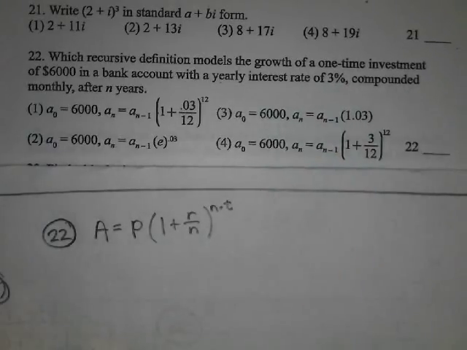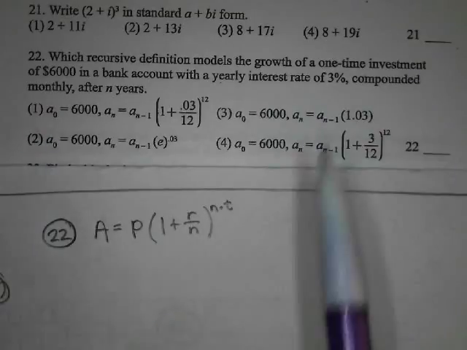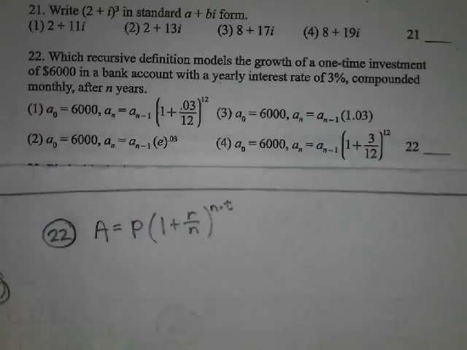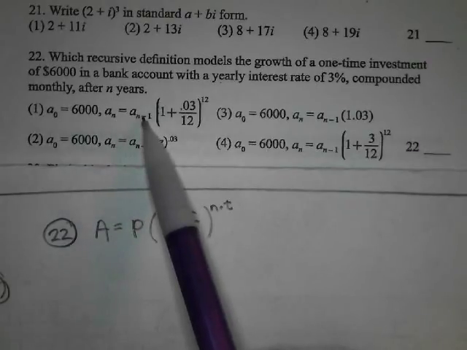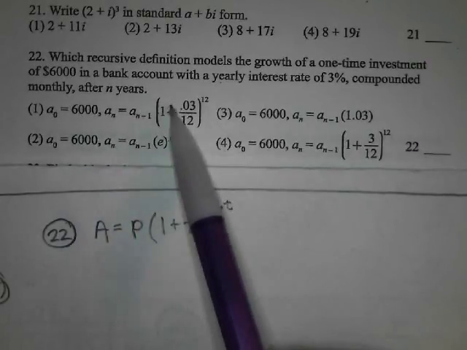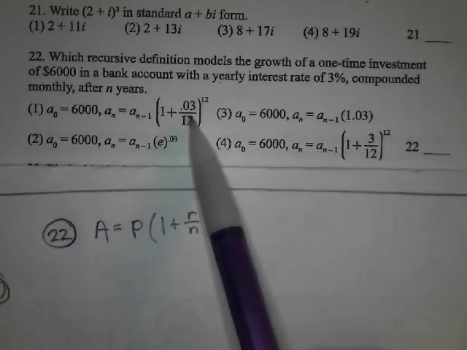Which one of these shows 3% compounded monthly, kind of wrapping this idea up into it? Option 1, right? Option 1 is saying take the year before and increase it by 3% divided into 12 parts, because that 3% growth is divided monthly 12 times in that year.